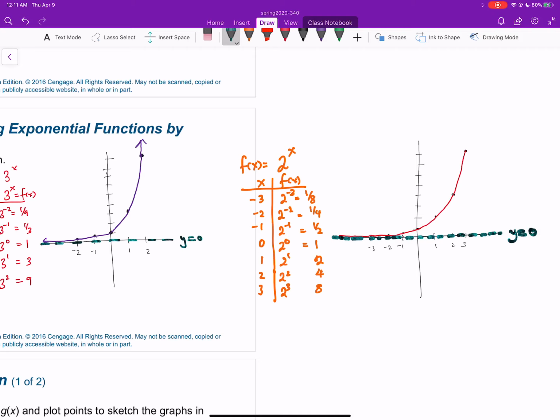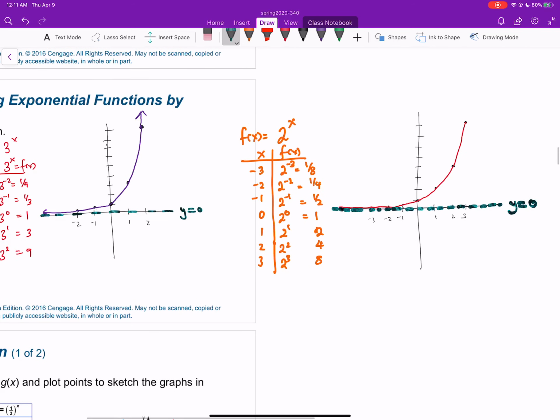So let's look at the two and come up with some characteristics. The first thing that jumps to mind is that both of them, it seems like the curve passes through (0, 1).